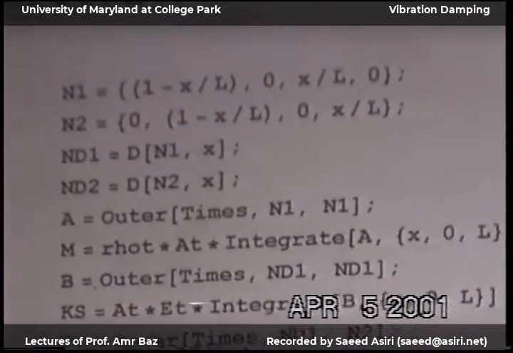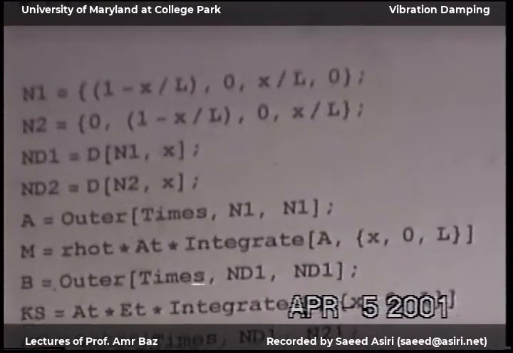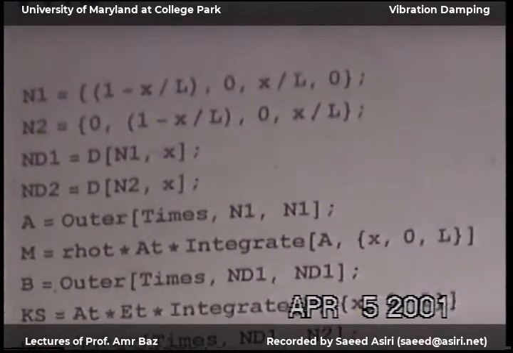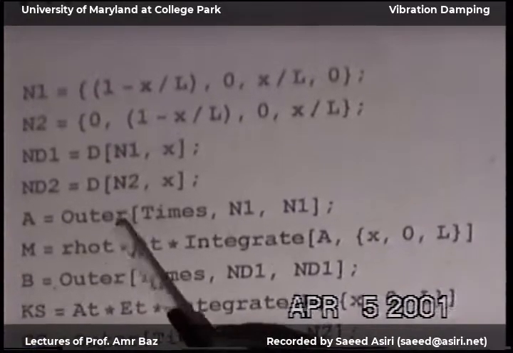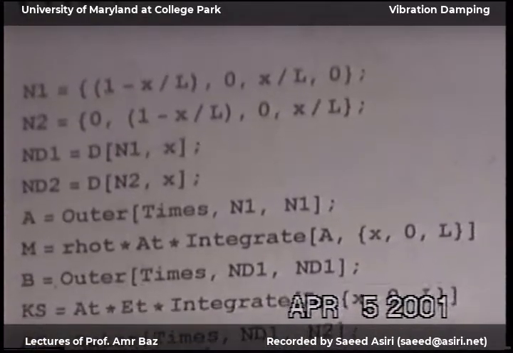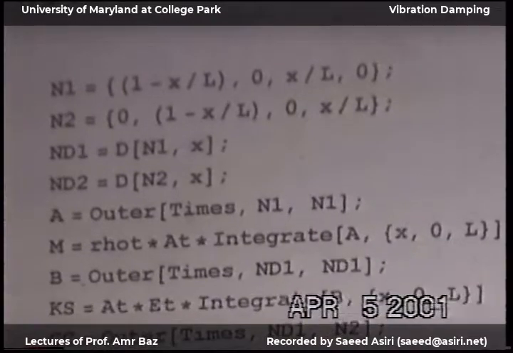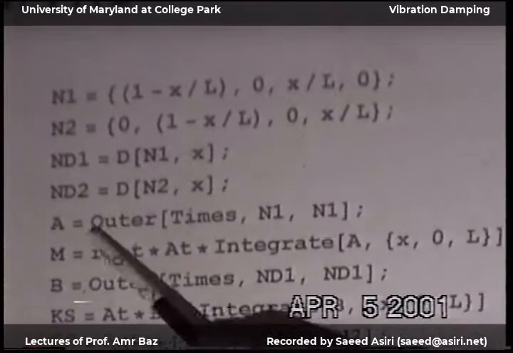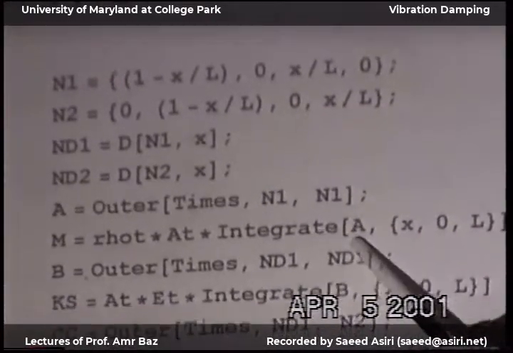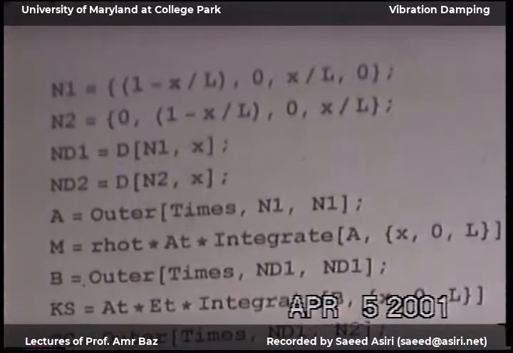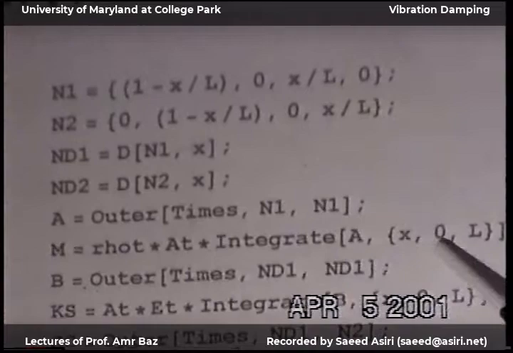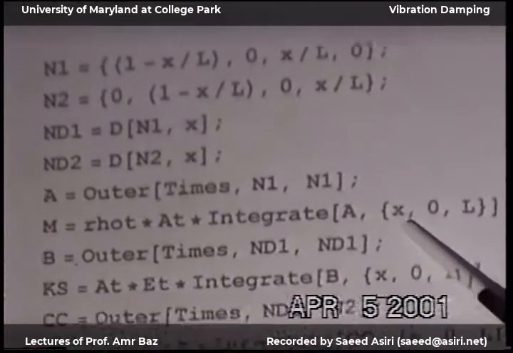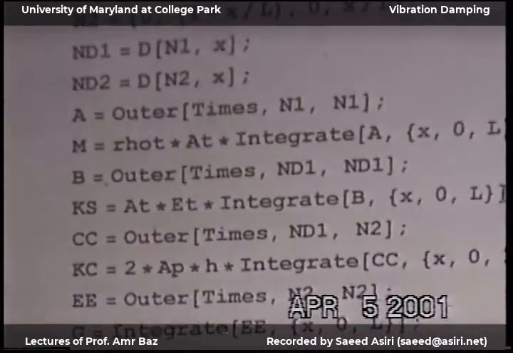So it is N1 transpose times N1, and I'm using the outer product. So now once I have this matrix, integrate it, N1 transpose N1, from 0 to L with respect to X. So now we get the mass matrix.